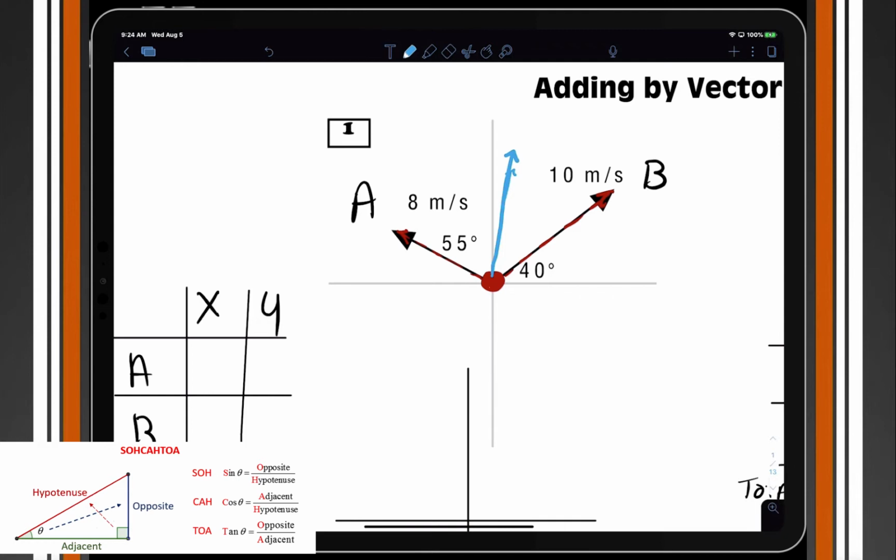I know that blue one, my resultant, my guess, has to be taller than what this guy is and what this one is, because if we're looking at this y value and this y value right here, added up, I know that those two y values has to equal, let's see how well I did. That's pretty close. They have to add up to be the height of my guess.